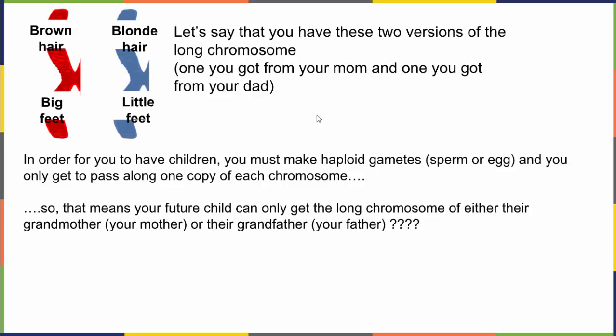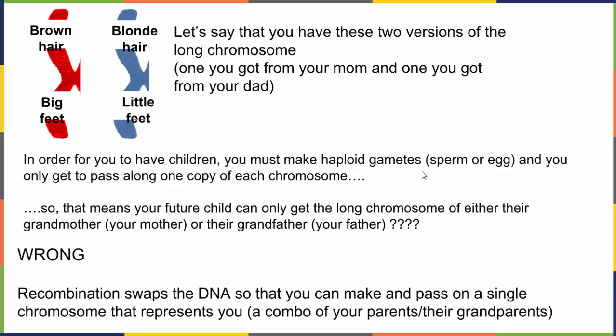What I had said before is that when you are making your sperm or egg, you can only pass along one copy of this one. That would mean that you're either passing along brown hair with big feet or blonde hair with little feet, meaning that you could never pass along to your child brown hair with little feet or blonde hair with big feet. Only one or the other could get passed along because they're stuck together on one of those chromosomes.